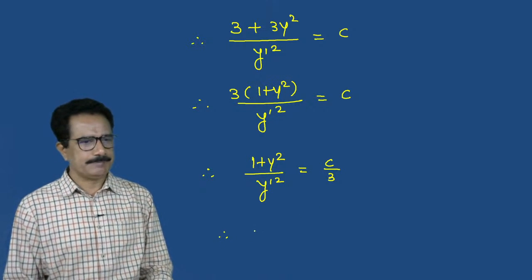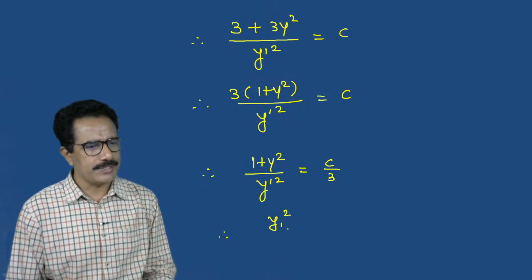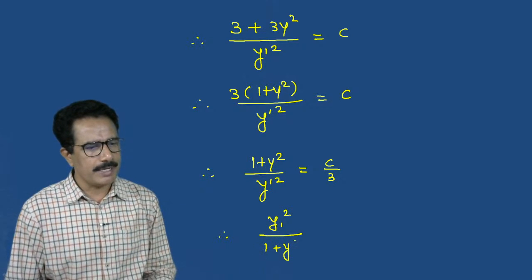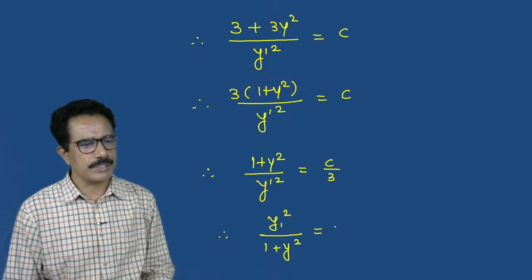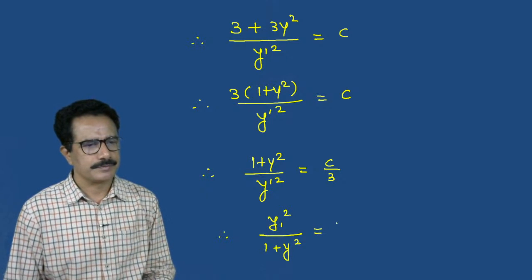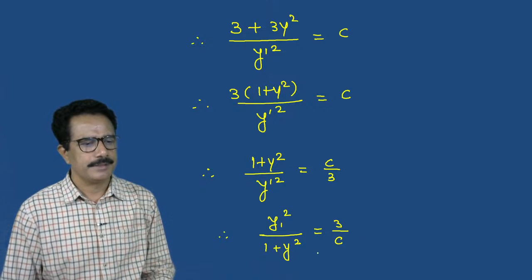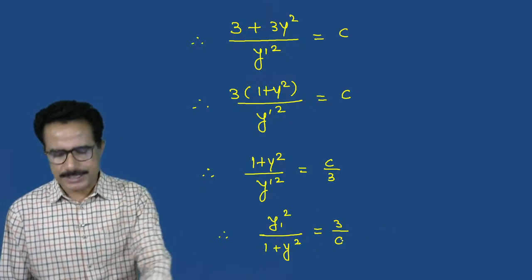Take the reciprocal now. So y dash square divided by 1 plus y square, which is equal to 3 by c. Now 3 by c is a constant, so let us consider it as small c1.